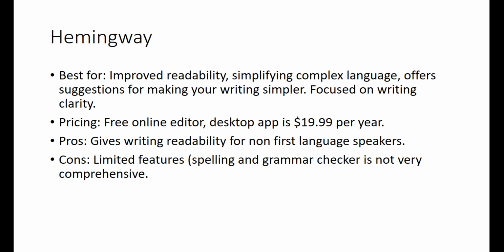There is an option to have a free online editor, which you can use online in a browser, obviously using data while you're busy with it. And then you get a desktop app, which you can download for $19.99, and that is per year, not per month. All of the other software options are available per month, whereas this one is $19.99 per year.